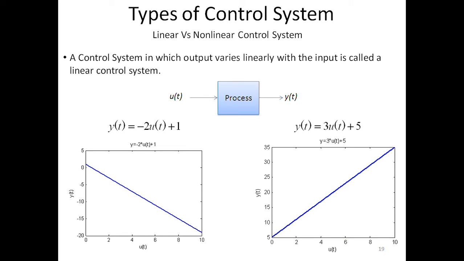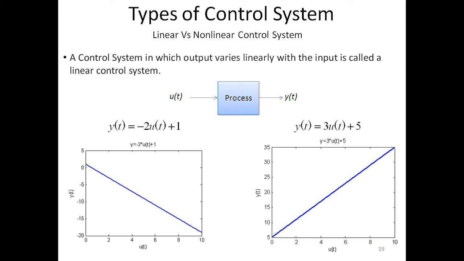Then linear versus non-linear control systems. A control system in which output varies linearly with the input is called a linear control system. So in this process, if the input is u of t and the output is y of t, and there is a linear relationship between y of t and u of t, then we can easily say this is a linear system or control system.